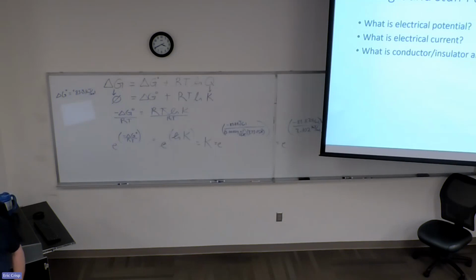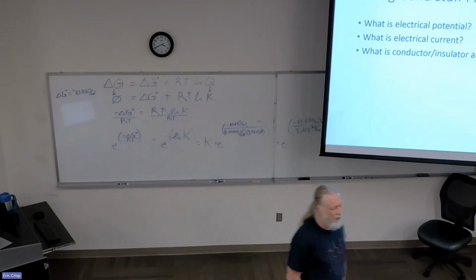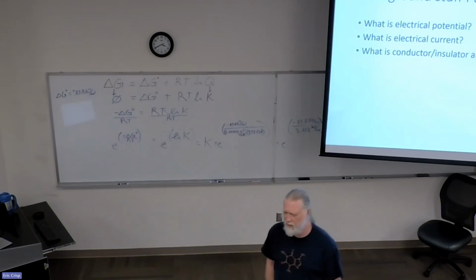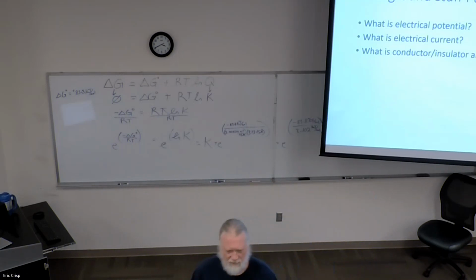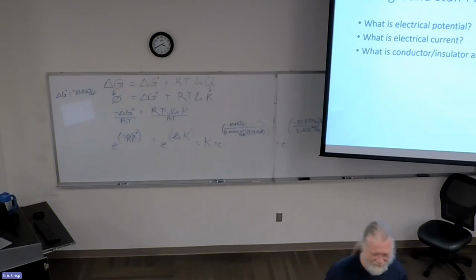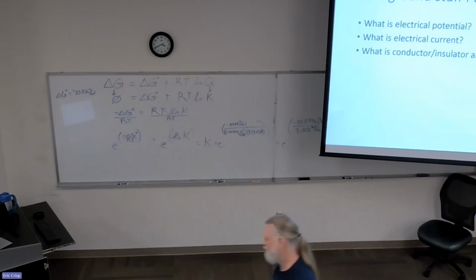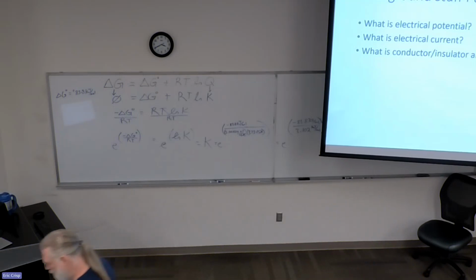All right, if I ask it that way, does that make it a little more accessible? Y'all have the idea of voltage? What is voltage? Be careful, I'm trying to get you to use these terms separately.